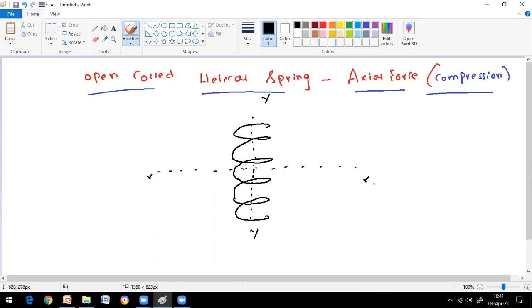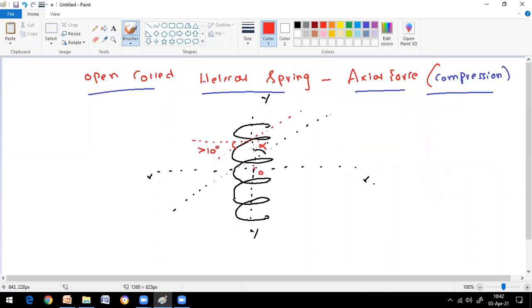So if you see the axis of the spring with respect to this, this will be alpha. At an origin, let us take this as an origin. If you see an individual axis of the spring with respect to this, it will be greater than 10 degrees. So this is what is meant by an open coiled helical spring.